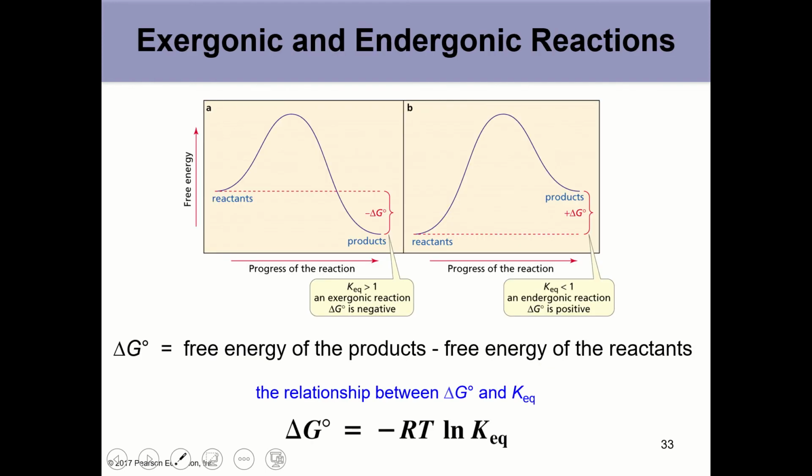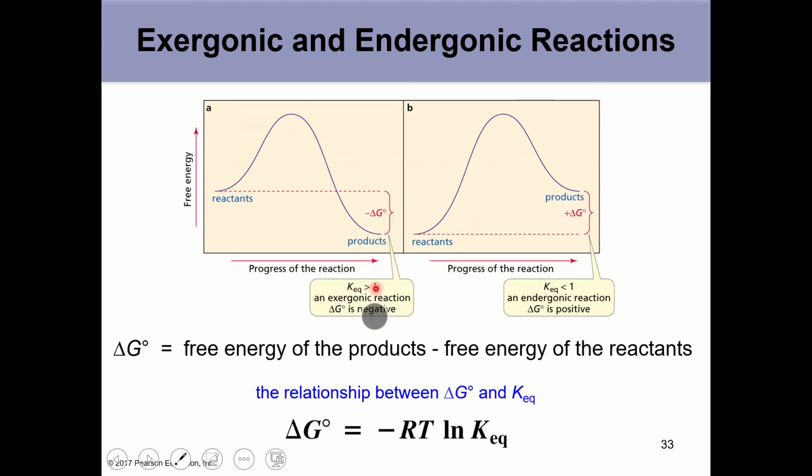Exergonic and endergonic reactions. Delta G is the free energy of products minus the free energy of reactants. If the free energy of the reactants is greater than the free energy of the products, then delta G will be negative and the reaction is exergonic.